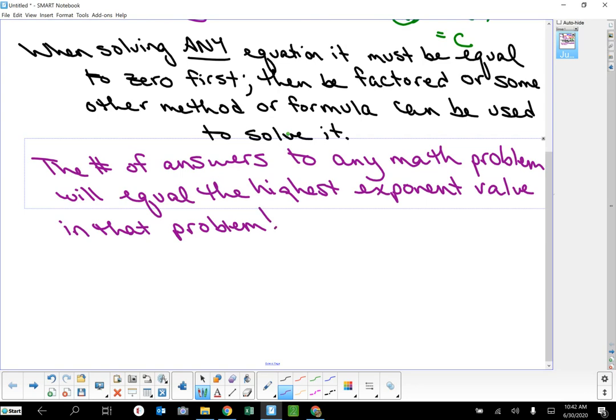So that's just a side note, something for you to keep in mind. So if, for example, you see x to the second plus 5x minus 6, the highest exponent is 2, so this will have 2 answers.